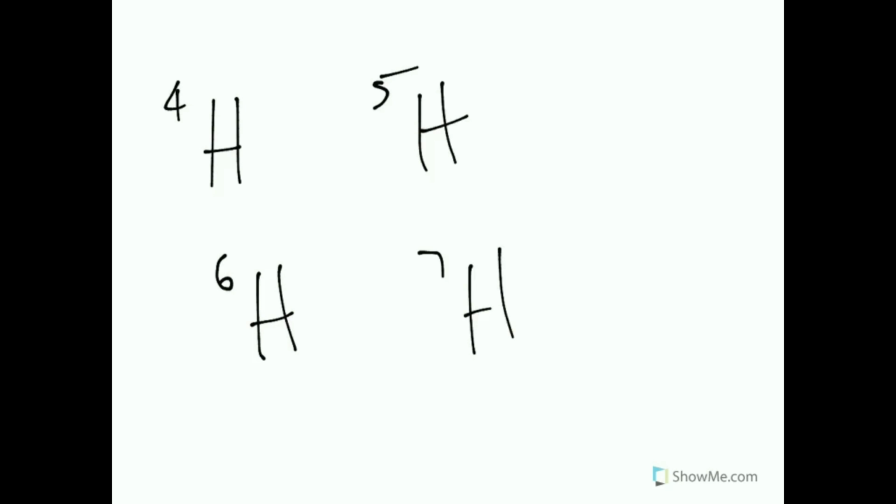You could call the other 3 we talked about hydrogen 1, hydrogen 2, hydrogen 3, but usually we call them by the names that they're given: protium, deuterium, and tritium. The key point, of course, is that all of these isotopes are still hydrogen. They've all got that big H there, they've all got that 1 there for the atomic number. They are all hydrogen. They have the same chemical properties.